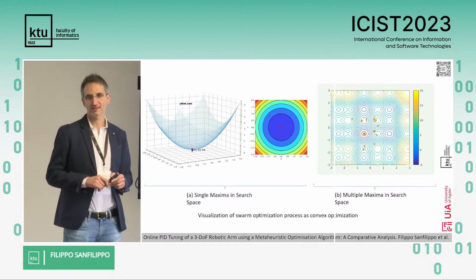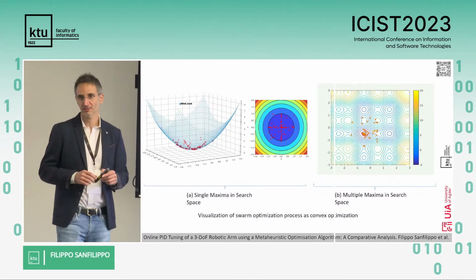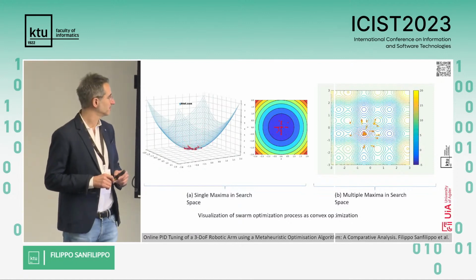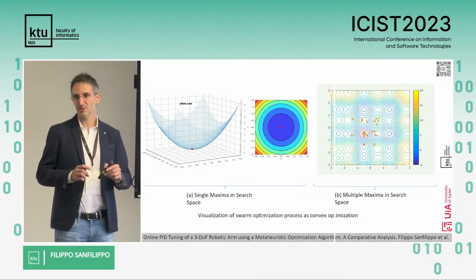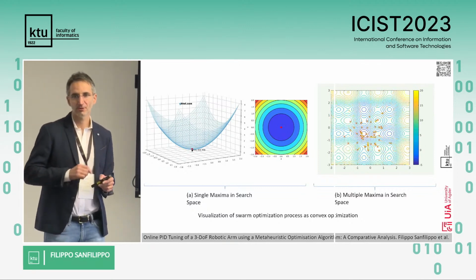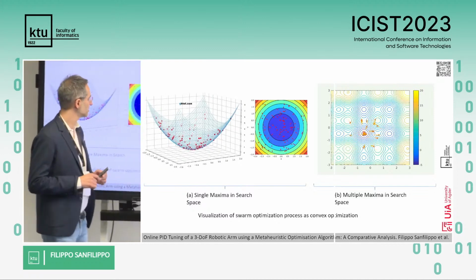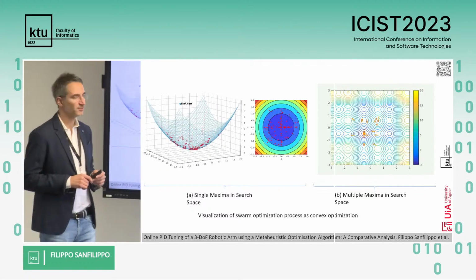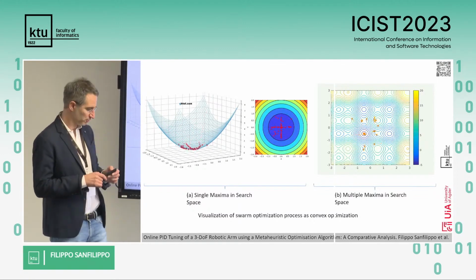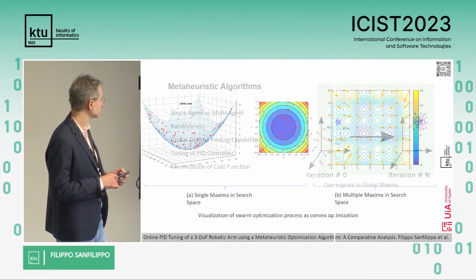So the risk is that we get stuck in a point that is not optimal. So with this meta-heuristic, we try to be creative and try to avoid getting stuck in a maximum or minimum that is not what we want. We try to find the optimal one.